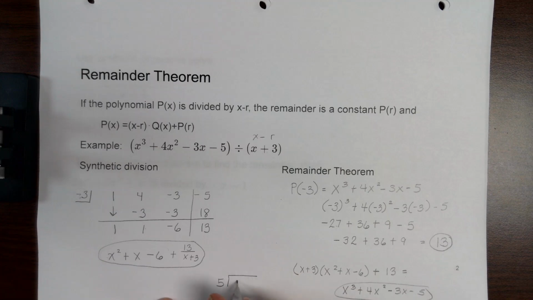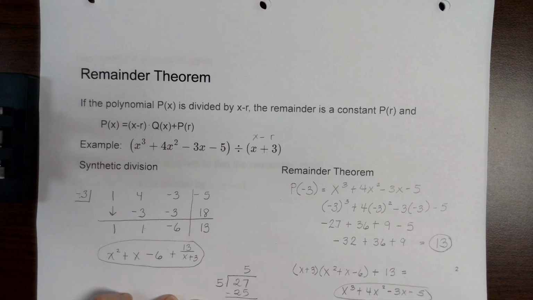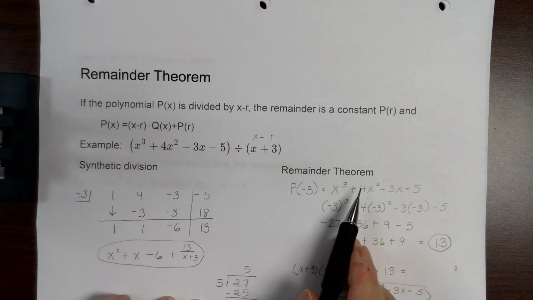If I took 5 into 27, 5 goes into 27 5 times with a remainder of 2. So if I went to check this, I could go 5 times 5, and I would add the 2, and it would give me the 27, which is the same thing I have here. You did the same thing here.